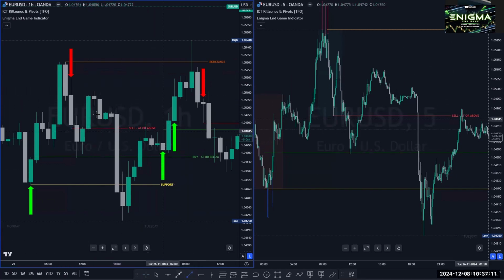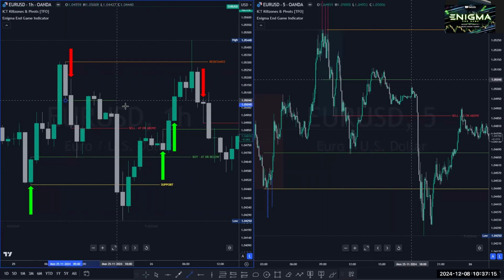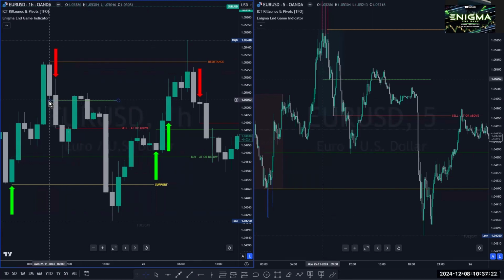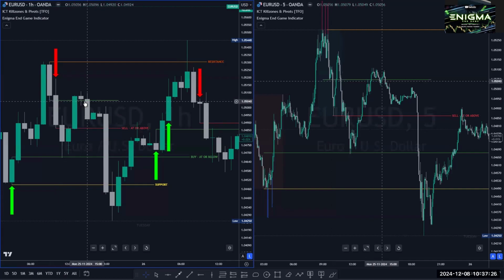And when the price does return back up, we are going to identify hidden levels of support and resistance, right? Because obviously this low, based on Enigma understanding, is going to be a support level that became a resistance, right?